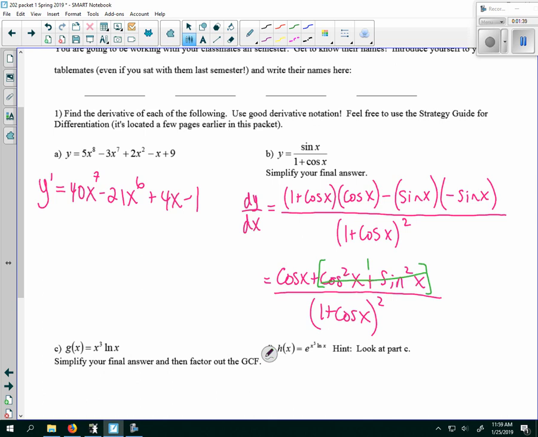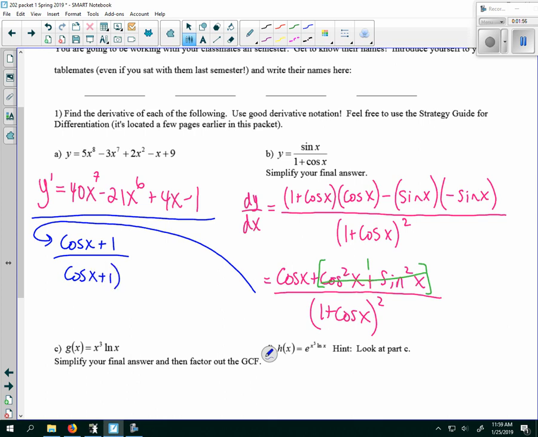I'll write it over here. Okay, so this becomes cosine x plus 1 over cosine x plus 1 squared. So the square is going to cancel with that. And I have 1 over cosine x plus 1.